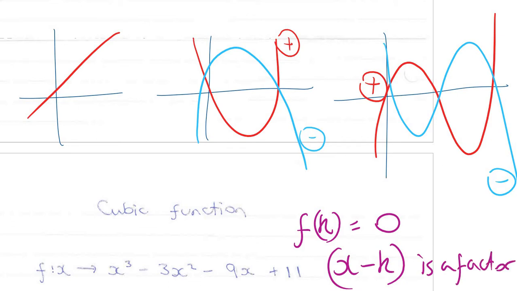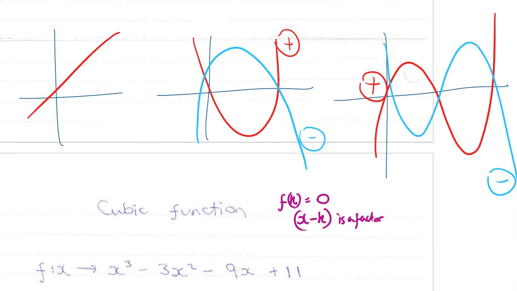Likewise, if x minus k is a factor, then f of k is equal to 0. What we need to do to solve cubic equations or cubic functions is find a first root using trial and error, and then we use some long division or alternative methods to find the second and third root, if a second and third root exist.